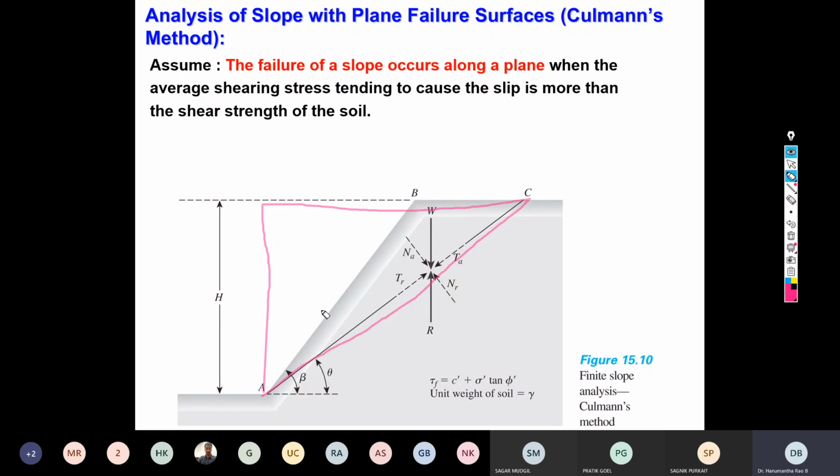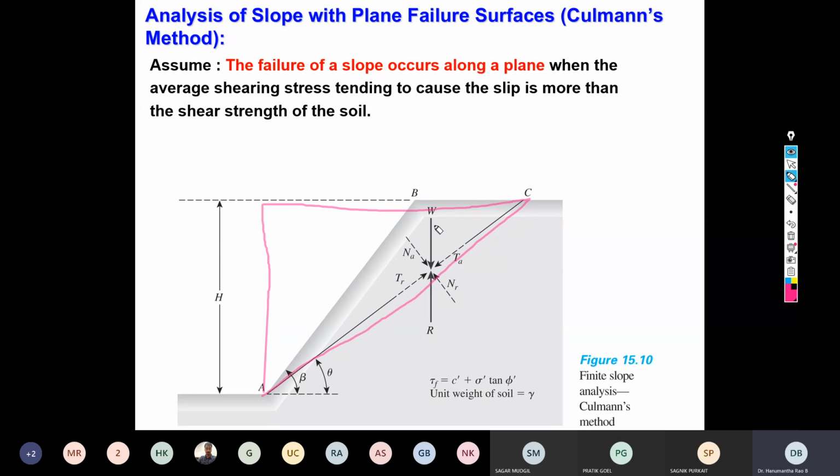Now we need to understand where the shear strength develops and where the shear stress develops. Here, only the soil mass of wedge ABC can induce some amount of shear stress.